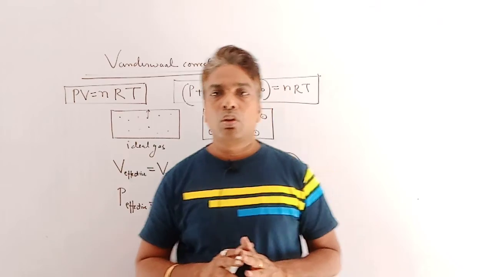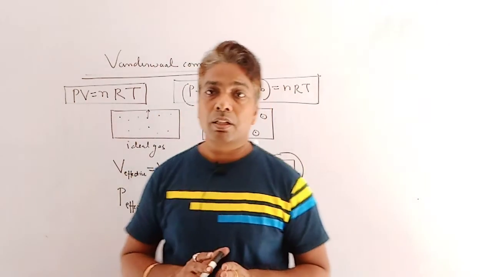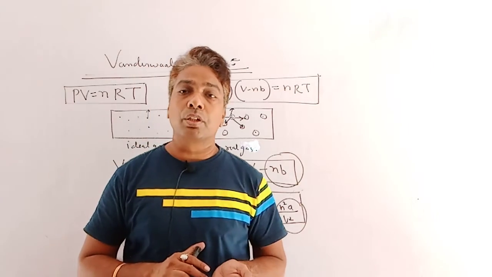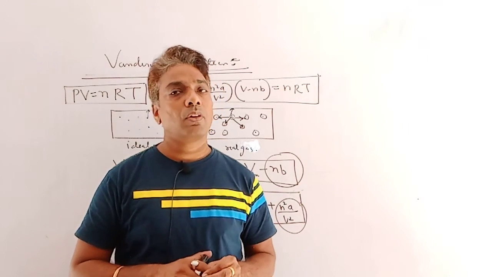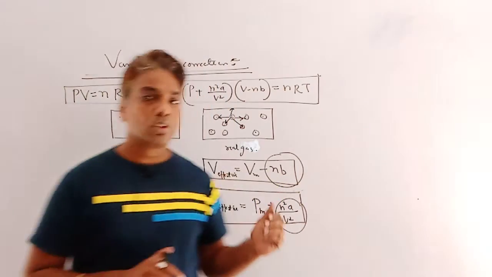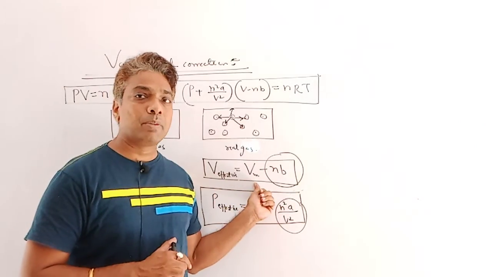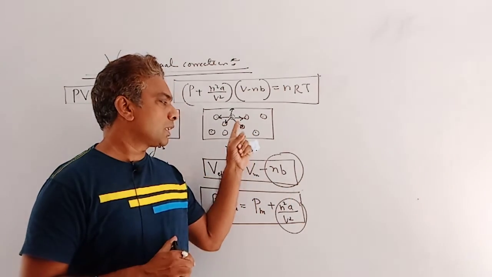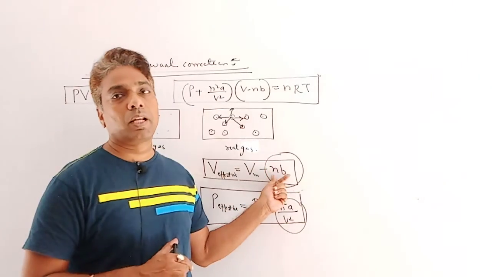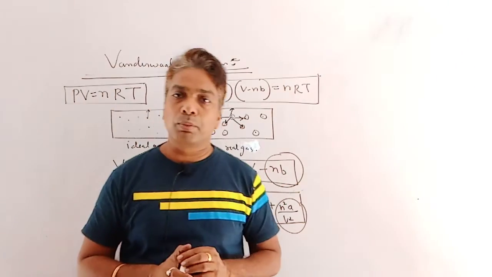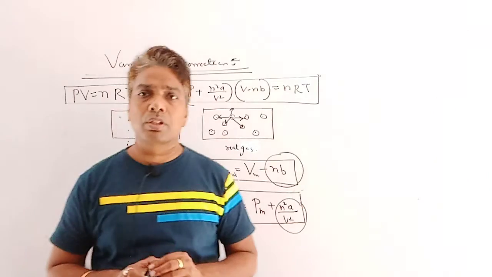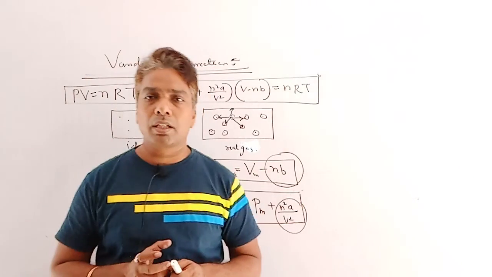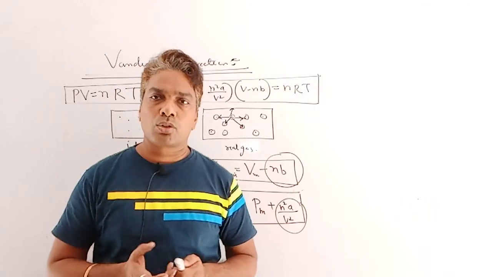So the volume of real gas particles is subtracted: V effective is equal to V measured minus nb, where nb is called volume correction, n is the number of moles and b is called the van der Waals constant, and the whole nb is known as volume correction.